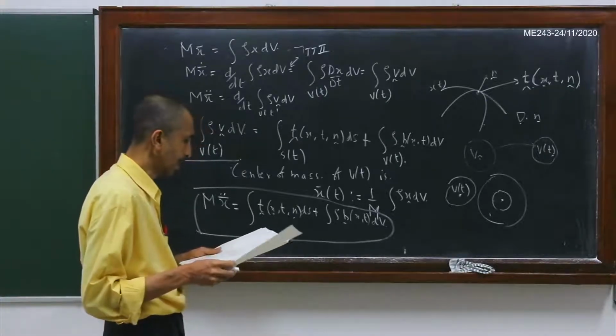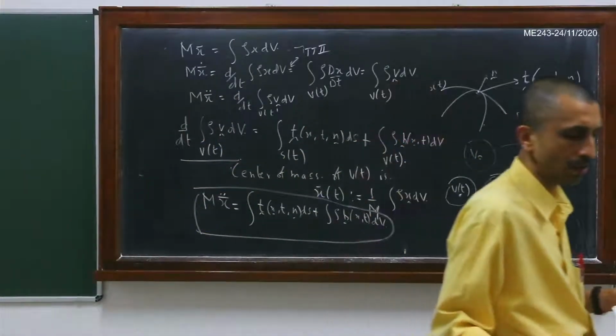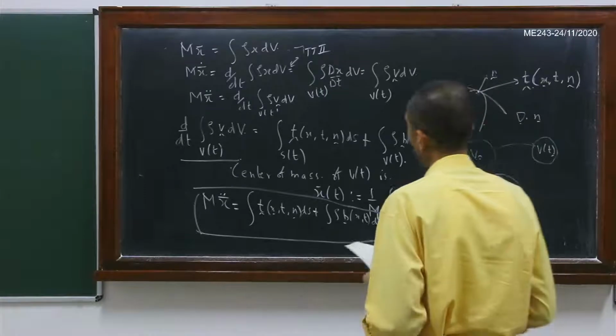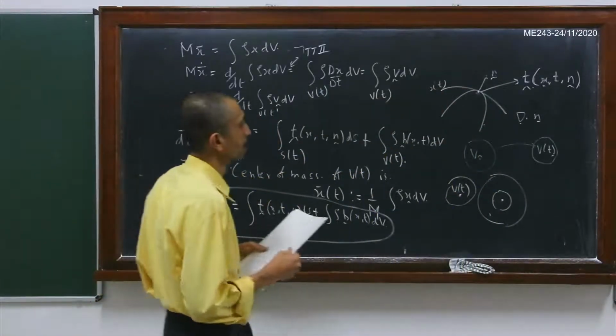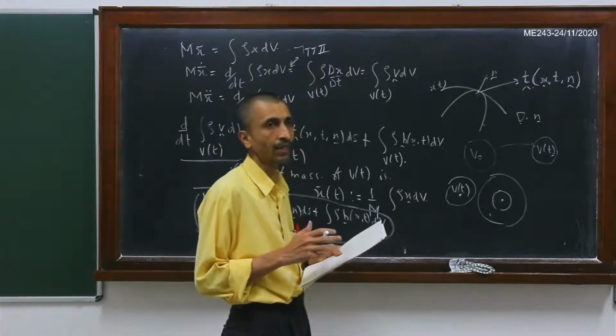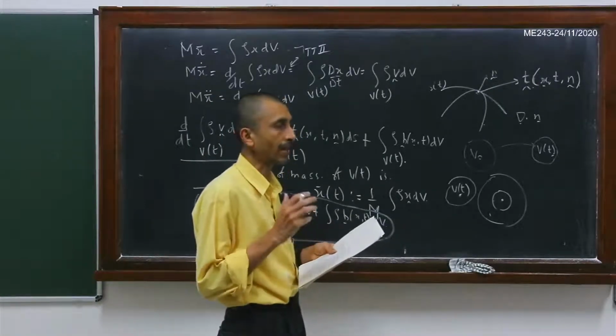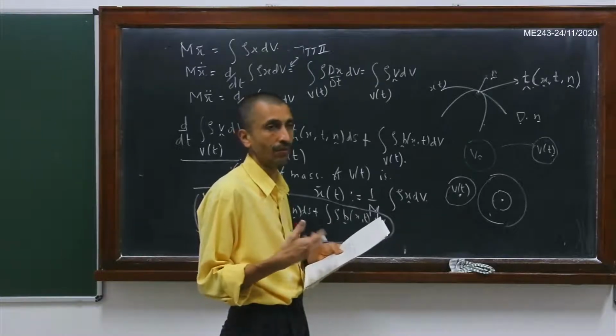Yes. So now we will state and prove an extremely important theorem, which is Cauchy's theorem. Basically this theorem gives us the relation between the traction vector and the stress tensor. First, of course, we have to define what we mean by a stress tensor.